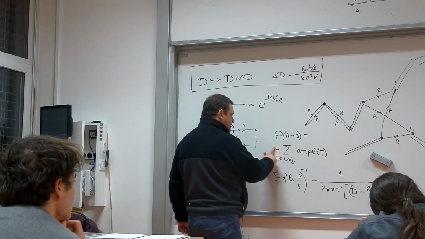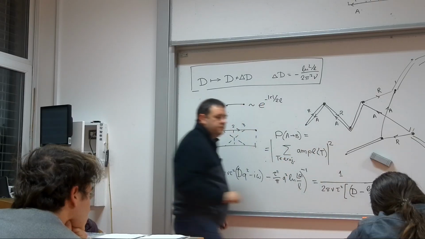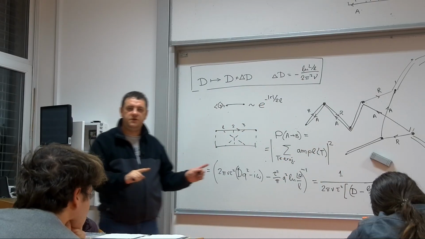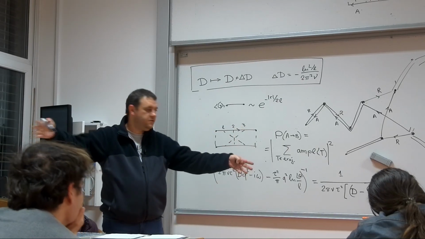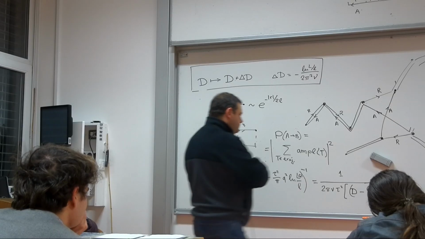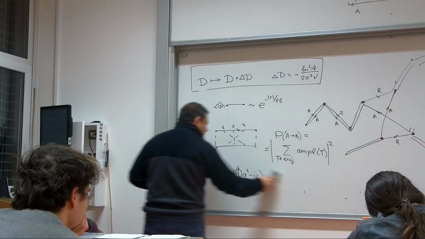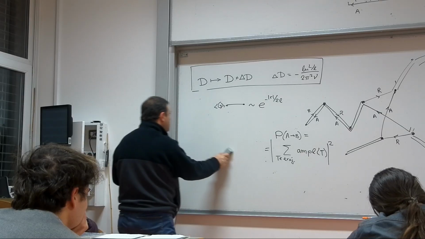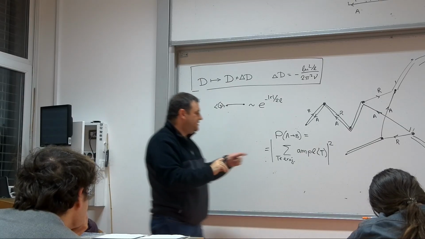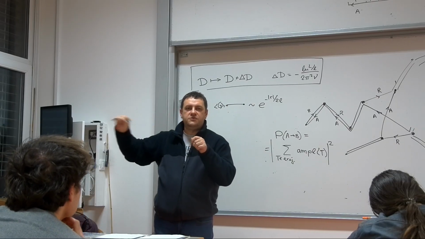And then we should take this sum and take the absolute value squared. This is the probability. We compute the total amplitude, and then we square it to get a probability. Now, what happens if our system is almost classical? It means that all these amplitudes are very rapidly oscillating functions.